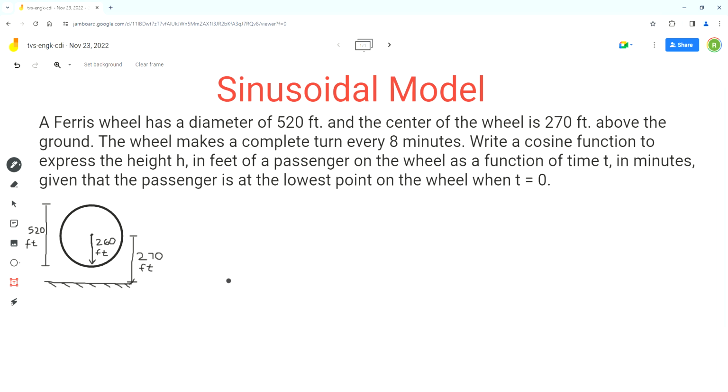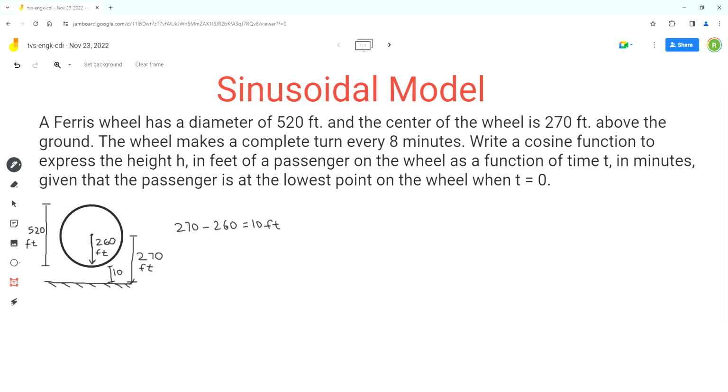So based on this diagram, we can see that the lowest point on the wheel is 10 feet above the ground because the distance of the center of the wheel from the ground level is 270 feet and the radius of the wheel is 260 feet. So we'll do 270 minus 260, which is equal to 10, and the unit is feet. So this distance here is 10 feet.